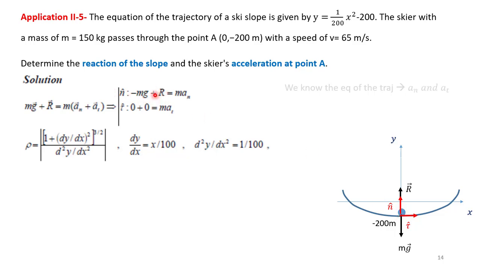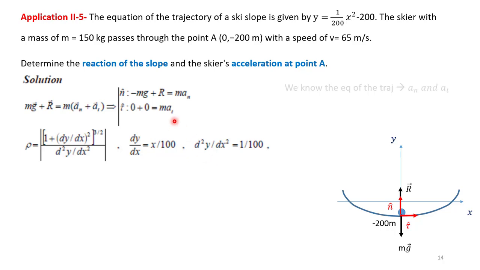And the projection of the reaction is plus r along the normal unit vector, and this is equal to m an. Now if we want to find the projection along tau, then we don't have any force that has the direction of tau, so 0 plus 0 will give m at. This means that at is equal to 0.